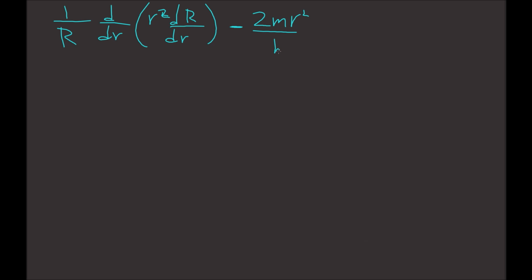So we're gonna say 1 divided by R, this is the first part, times d dr of r squared dR/dr, plus, minus 2m r squared divided by h bar squared times V of r minus E. We're gonna call this, let's call it L times L plus 1.